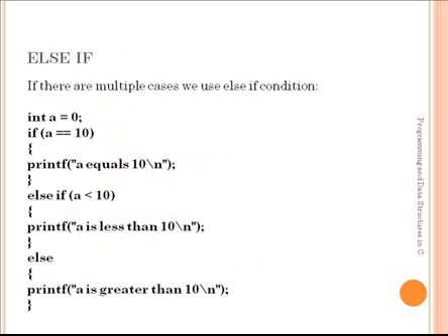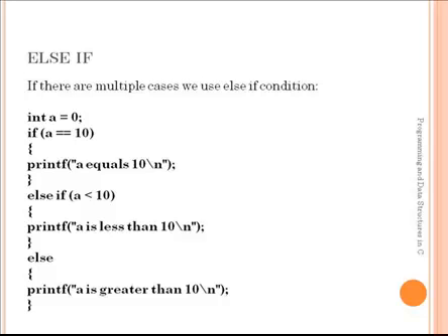One more example on else if. In this example 0 is assigned to A, the first condition is A equals 10 and the next condition is A less than 10. So we first check if A equals 10. Initially 0 is assigned to A, so 0 is checked against 10.